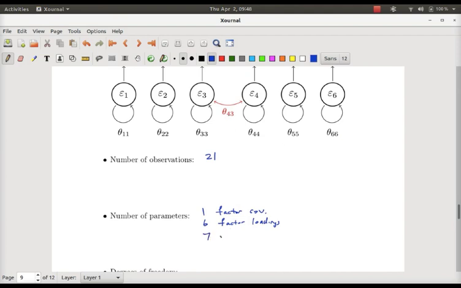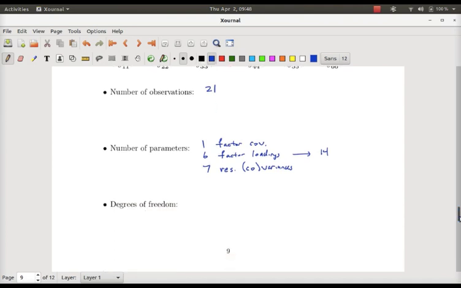So we've got 7 residual covariances and variances, which I'll just indicate that way. So that gives me a total of 14 parameters. And so our degrees of freedom, just like in the very immediately past example, it's the number of observations minus the number of parameters, 21 minus 14. Turns out to be exactly 7, just like before. So again, we have an identified model.